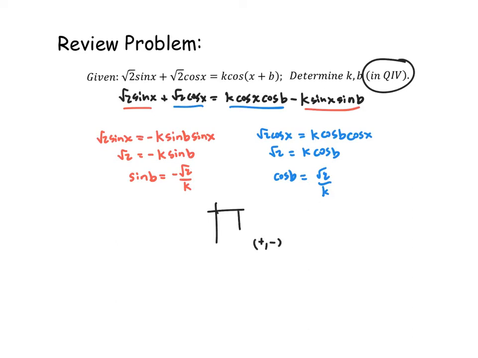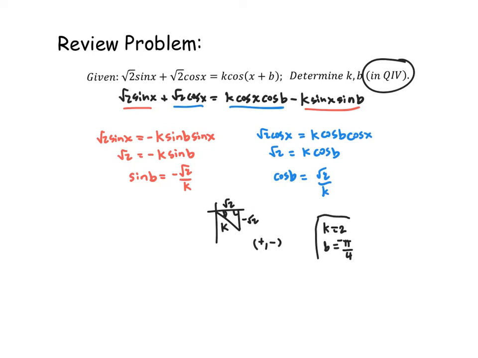Therefore, we're going to have a triangle that has a cosine of root 2 over k and a sine of negative root 2 over k, this angle being b. Therefore, using Pythagorean theorem or special right triangles, I know that k should equal 2, and of course b would equal negative pi over 4.